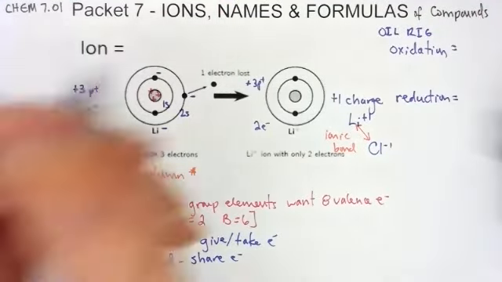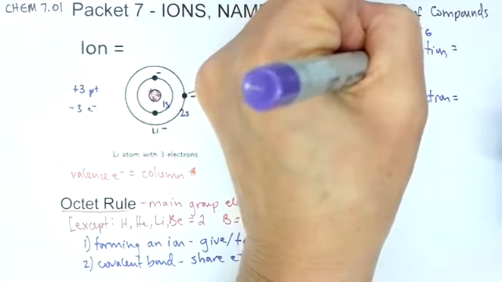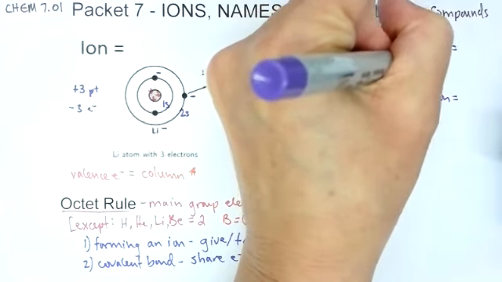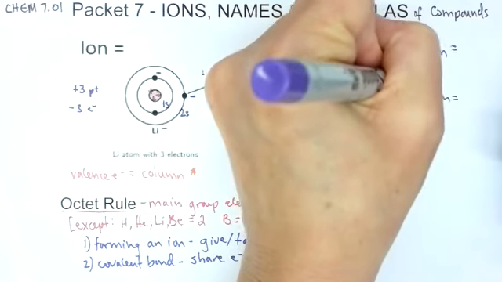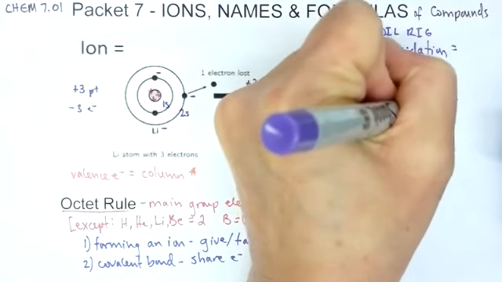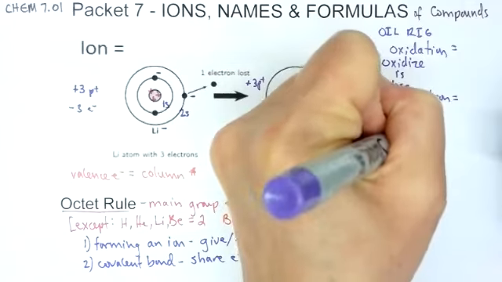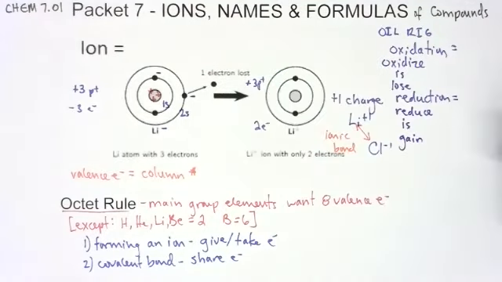That stands for oxidize is lose, reduce is gain. Well, what is it we're gaining or losing? We are gaining and losing electrons.